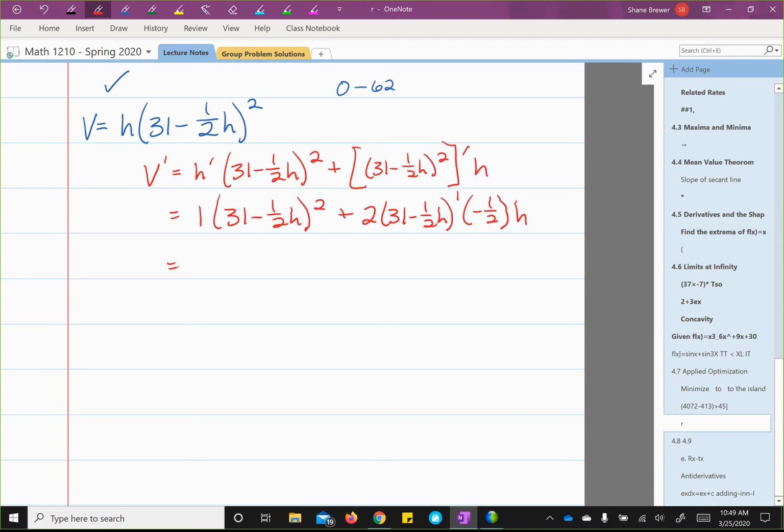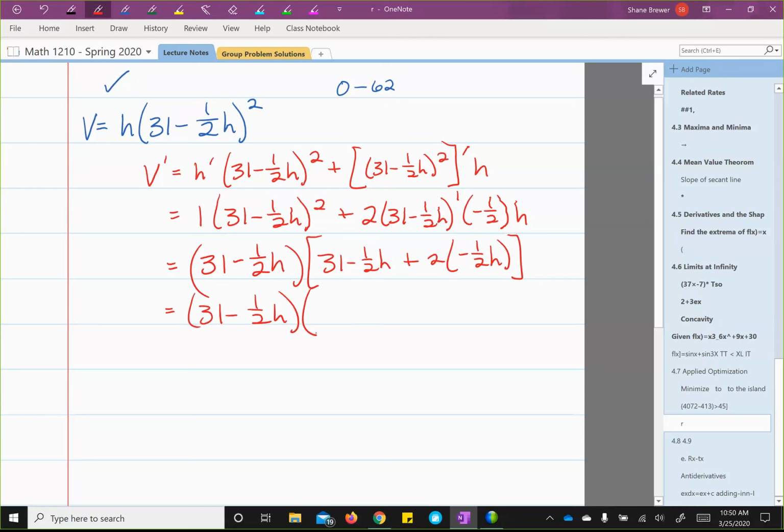If I factor the 31 minus 1/2 h out of both, then I'm left with 31 minus 1/2 h plus 2 times negative 1/2 h. This is going to be easier. Or just 31 minus 1/2 h times 31 minus h, I believe, because that's a minus 1/2 h, and then it'll be a minus another 1/2 h, so minus h. And so I just want to figure out when that equals 0.